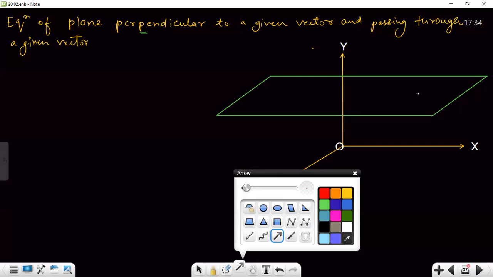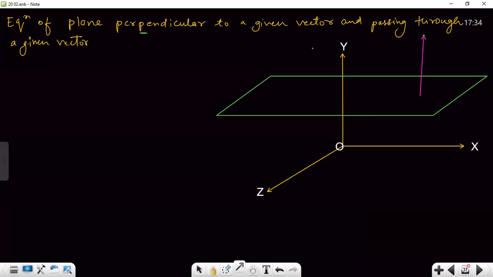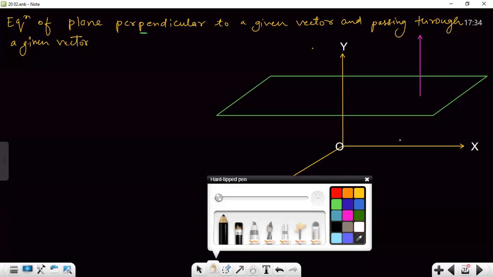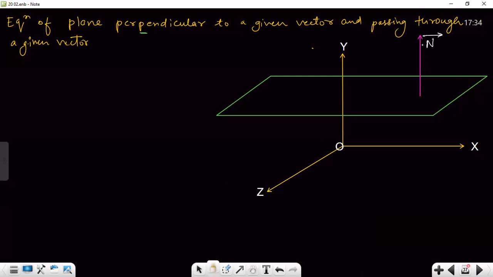This is normal. And there is also a vector given on the plane.